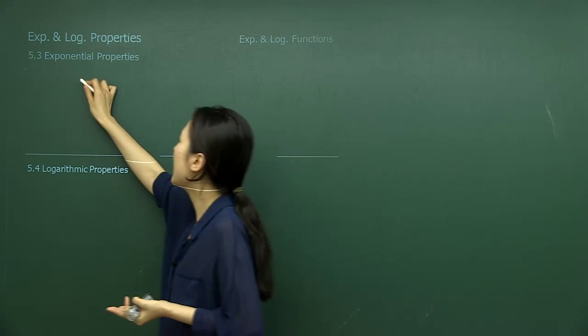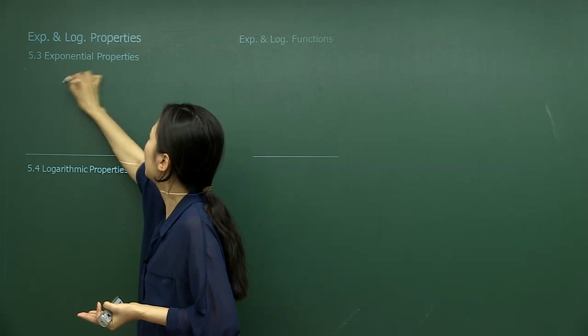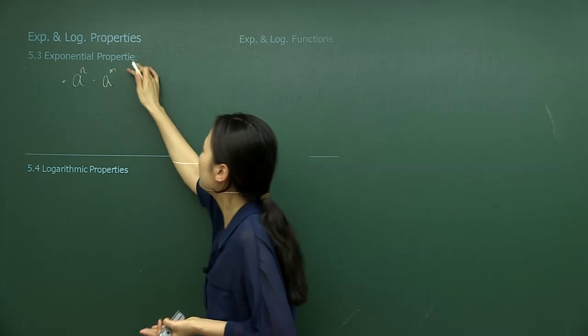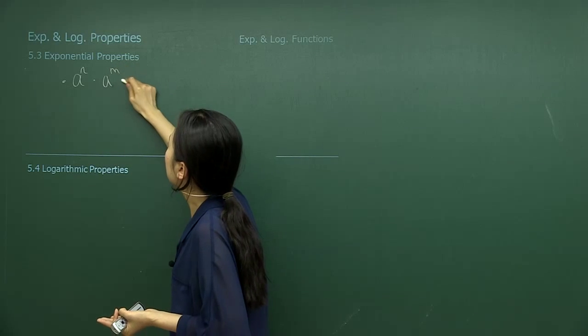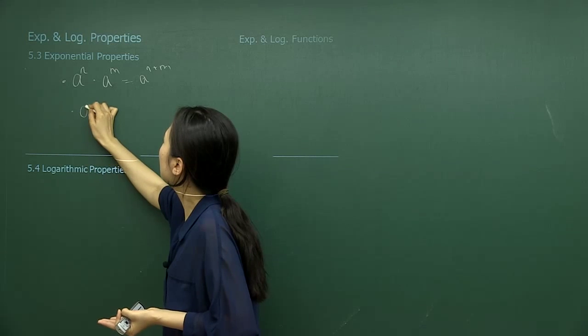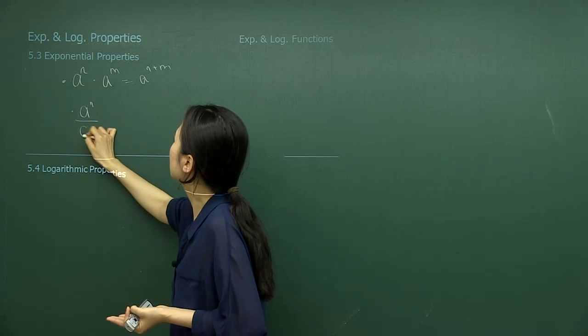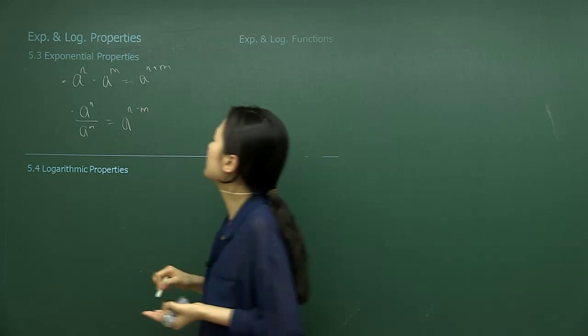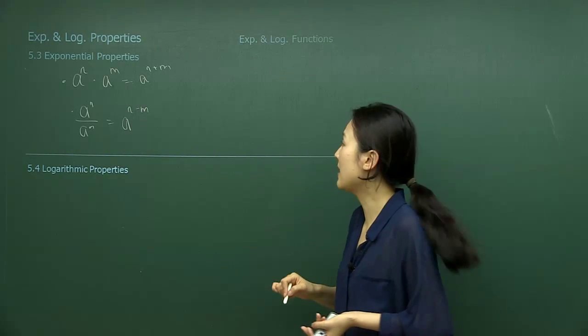If you have equal bases being multiplied, the exponents are being added. If equal base powers are divided, then you are subtracting the exponents.